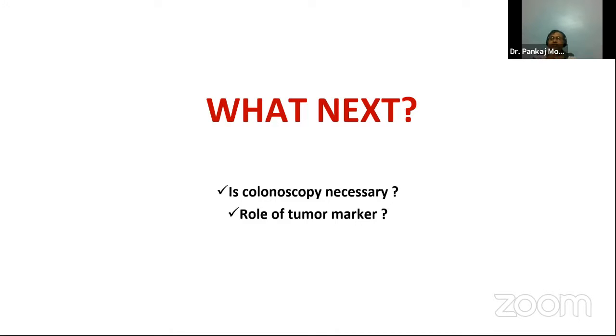So what is the difference between diagnostic value and prognostic value? Rahul. Regarding tumor markers, carcinoembryonic antigen is the one which is used, and it can be used for follow-up only. Normally, less than 5 nanograms is the value, but if it is more than 20, then it is highly suspicious of malignancy.